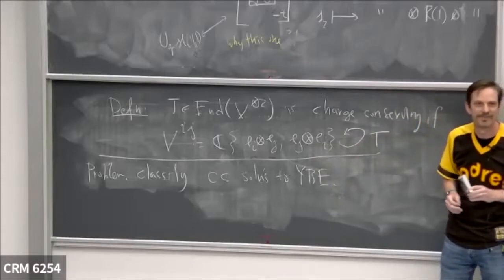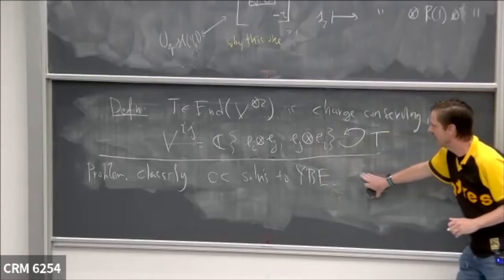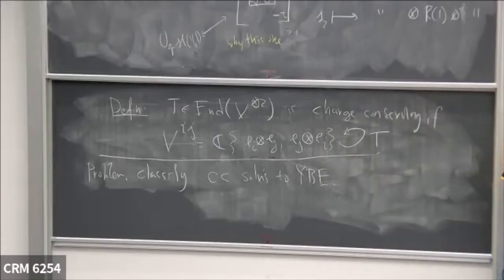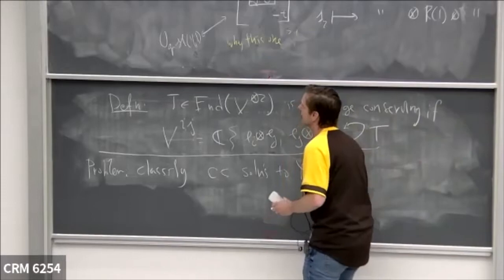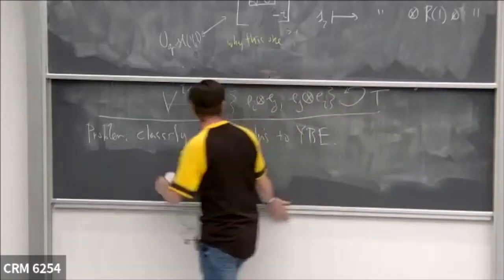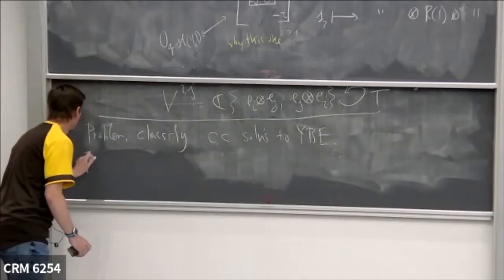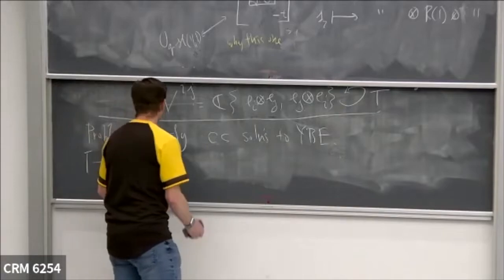Right, so let me tell you how to handle this. I'm just going to hold this up briefly so I can write, and then I'll put it back down. If I have such a T, I can describe it by a sequence.